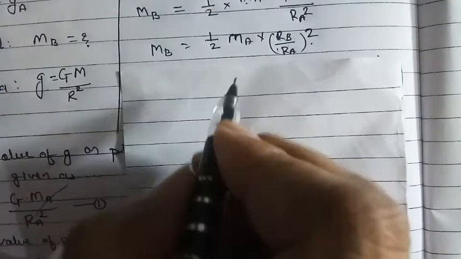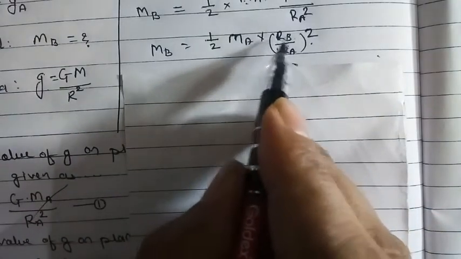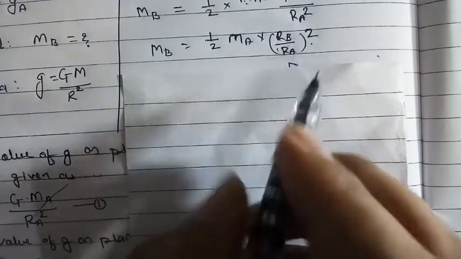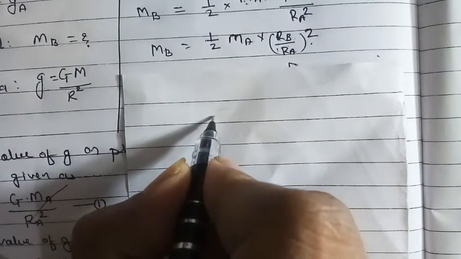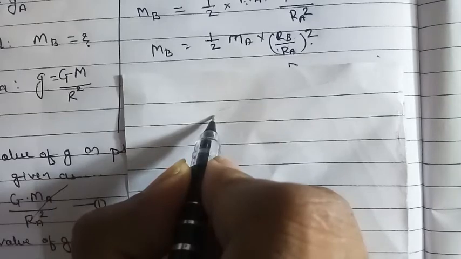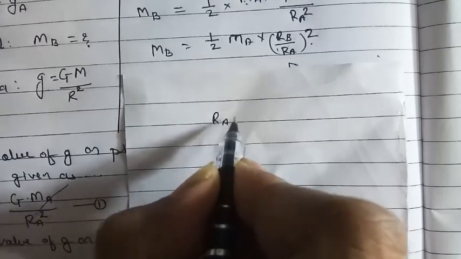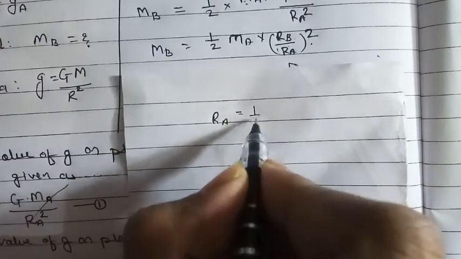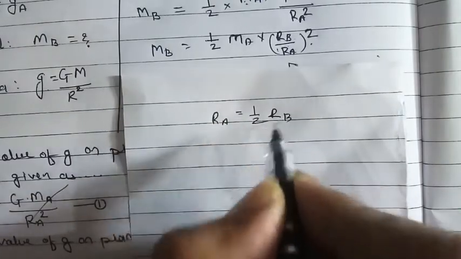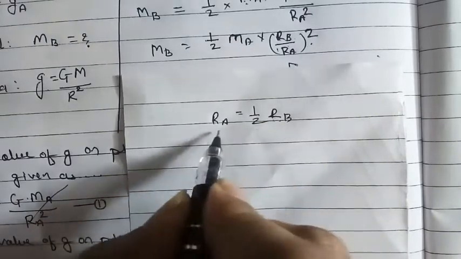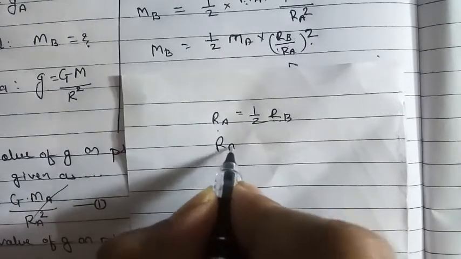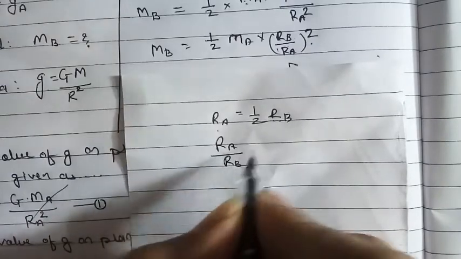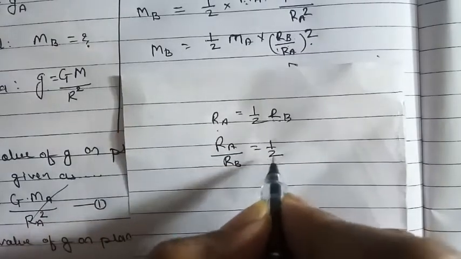Now here we have RB divided by RA equals 2. How? The condition is given that the radius of planet A is half of the radius of planet B. So we transfer this RB over here, and it becomes RA divided by RB equals 1 by 2.